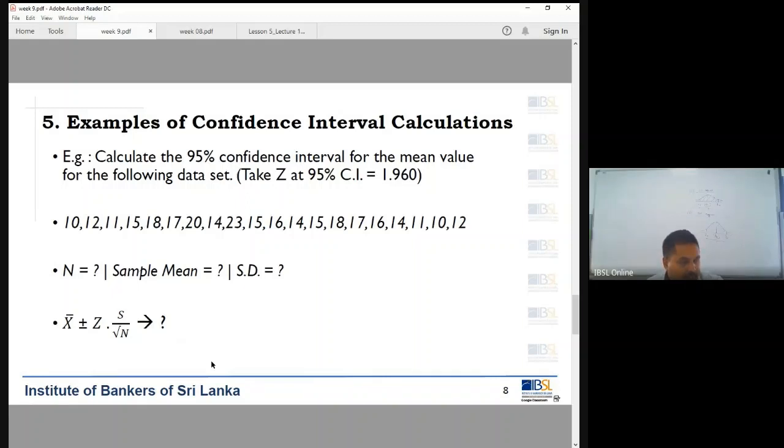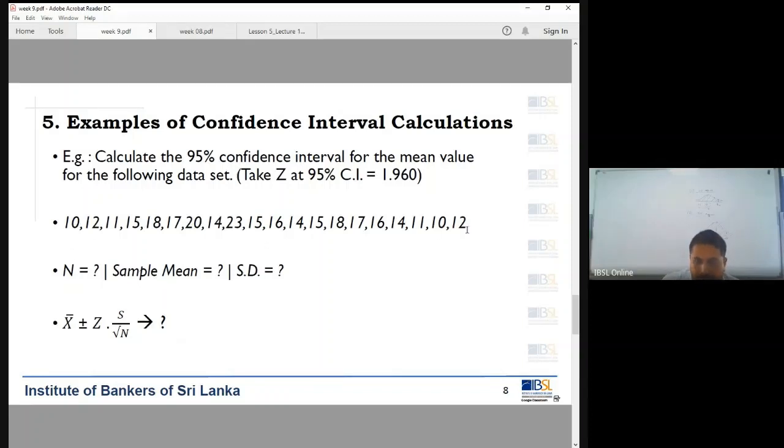Let me, in the interest of time, just quickly take the answer itself. So the number of items, let's say you have values here, then what you have to do is calculate the sample mean.